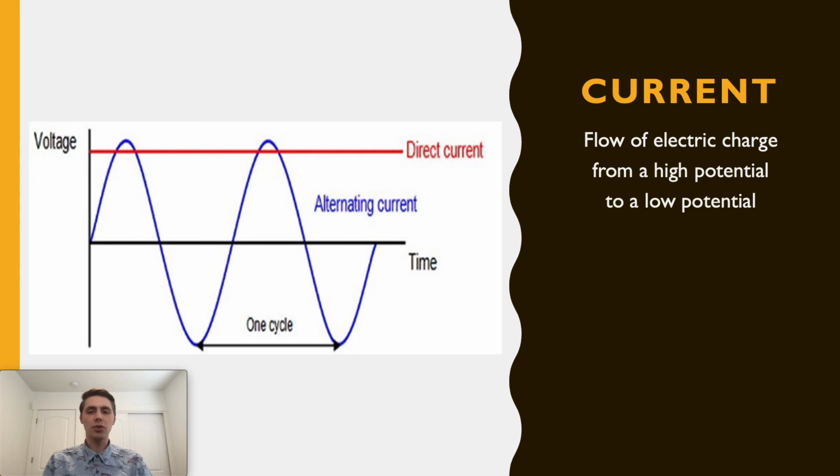We're back here at this graph, and to briefly summarize, we've got current, which is the flow of electric charge from a high potential to a low potential. We have direct current, this straight line across, constant voltage, constant flow in one direction from high potential to low potential. We've got alternating current, has this wave type function, flow of electric charge that periodically reverses.